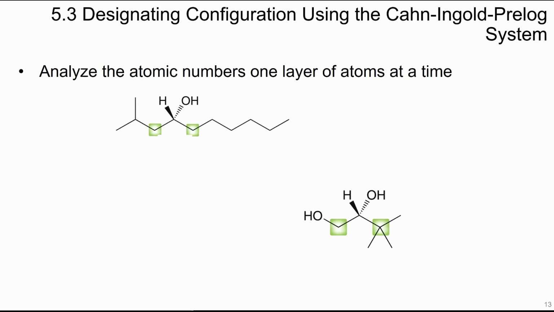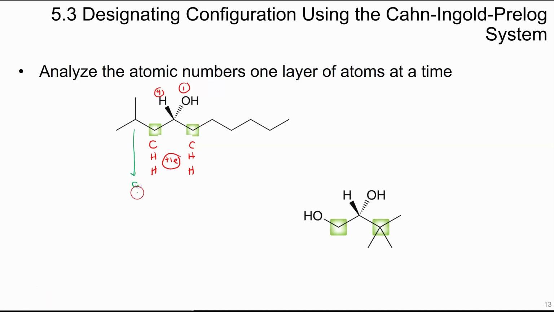So this is 4, this is 1, and here we have a carbon with H's, C, H, H. That is a tie. So then we have to go to the next atom out.